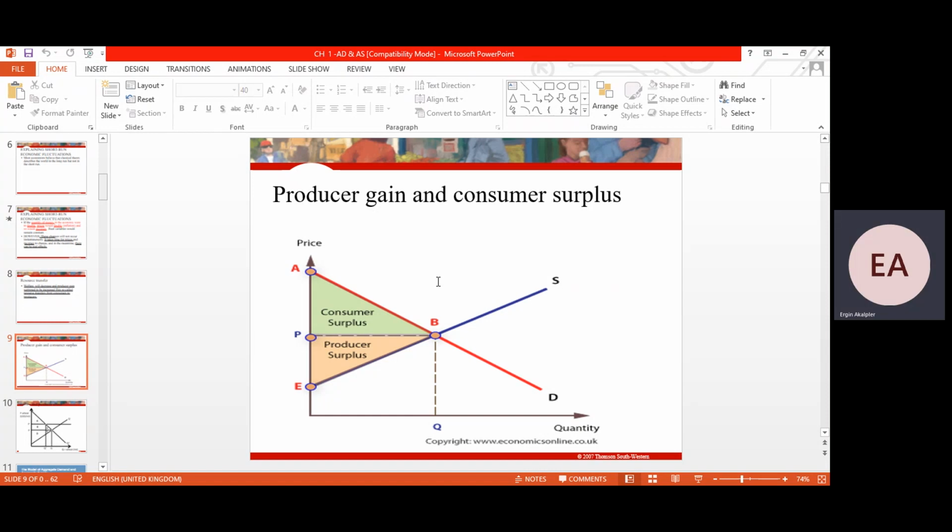And when the prices go up, this will affect consumer surplus and reduce it and increase the producer gain sufficiently. And this is somehow not good for the welfare or per capita income for the nations.